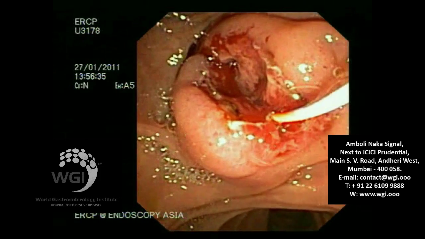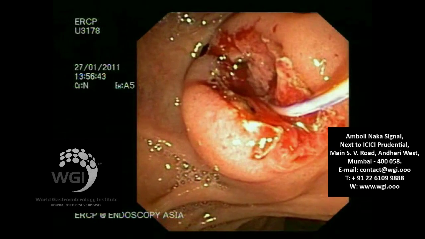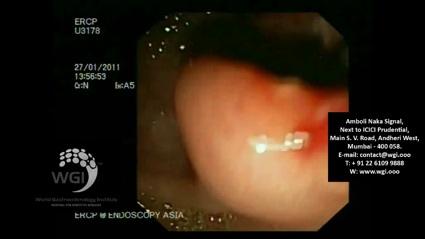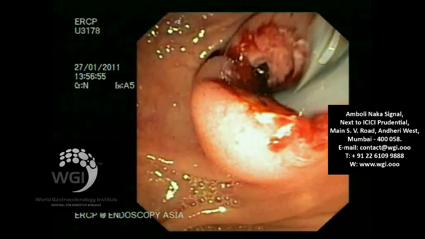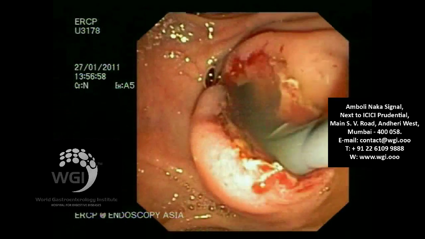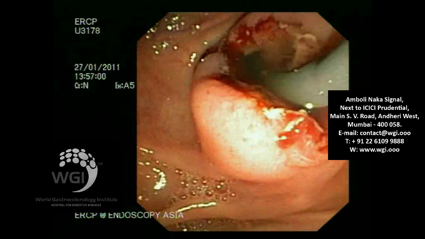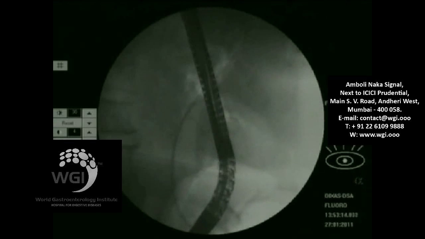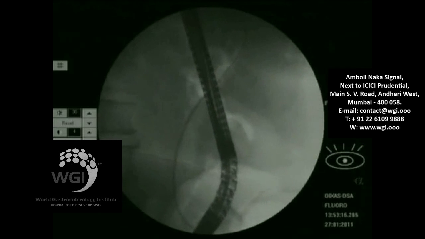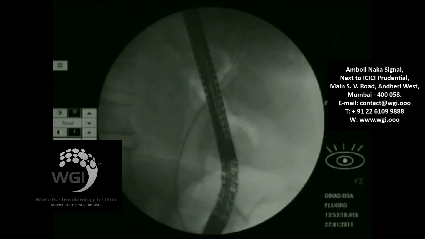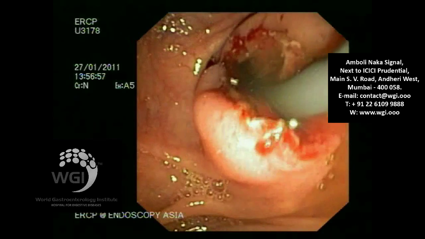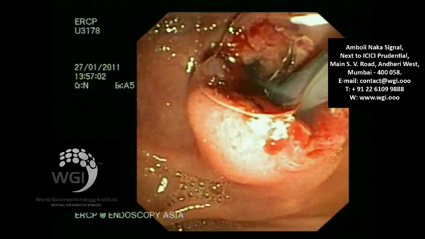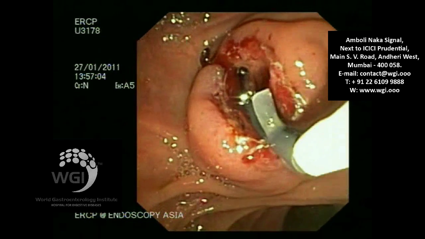Routinely in malignant obstructions, we always prefer a 10 French stent, and in benign obstructions such as this, when the duct is cleared and the stone is out, we can just leave a stent to act as a wick, where whatever comes down may drain by the side of it. So we are leaving a 7 French stent here over a guide wire, and this marks the end of the procedure.